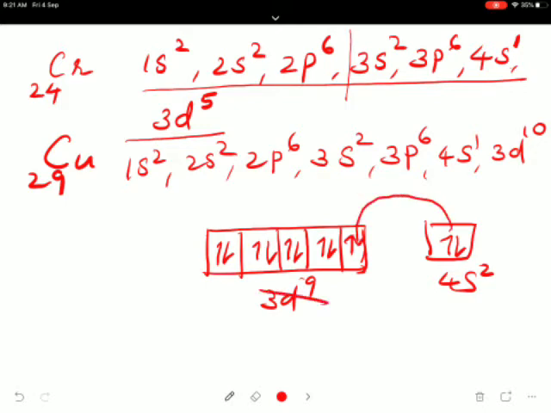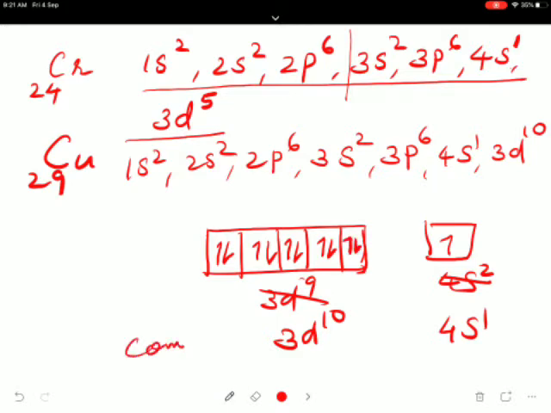So actually it is 3d10, 4s1. Here one electron is taken and the d will be full, and completely filled orbitals are stable.